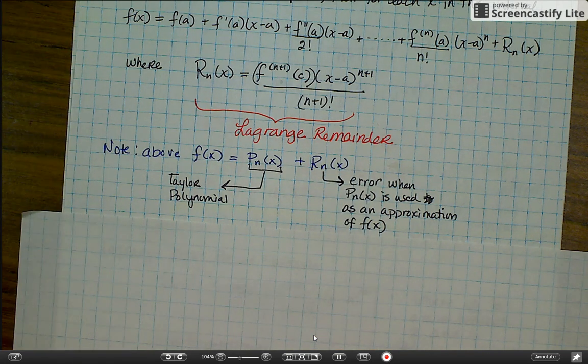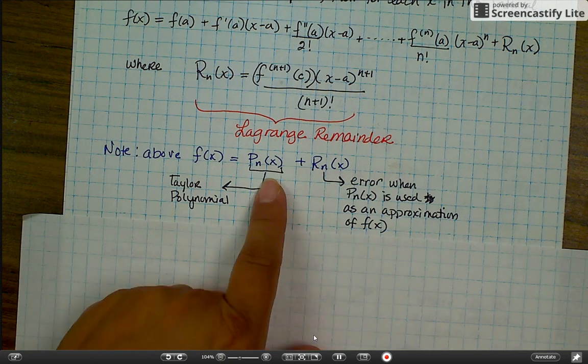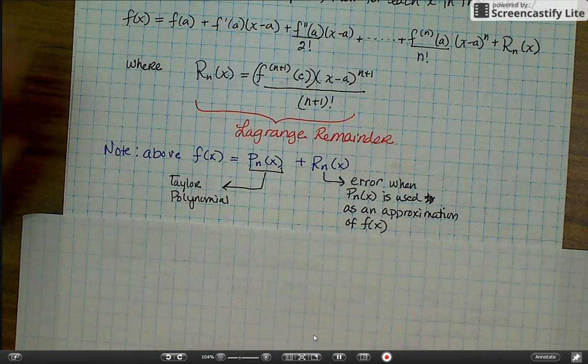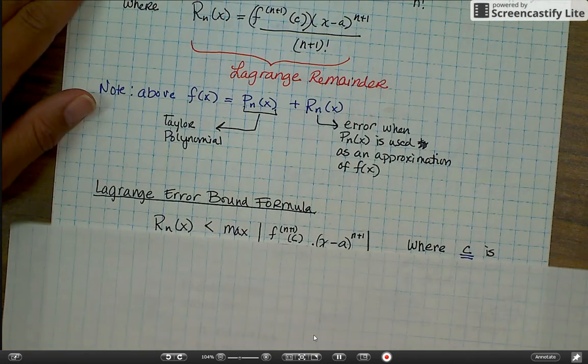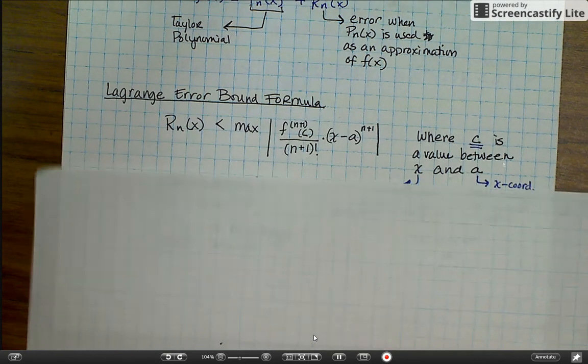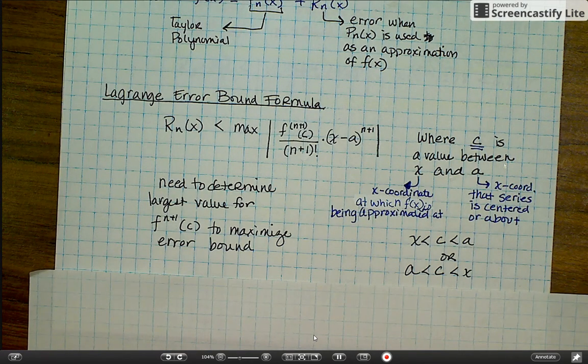So now what we like to do sometimes is find out, well, how off is our Taylor polynomial? What is the maximum that it can be off? That would be our Lagrange error bound formula, which is all of this, okay? So let me explain what it is.